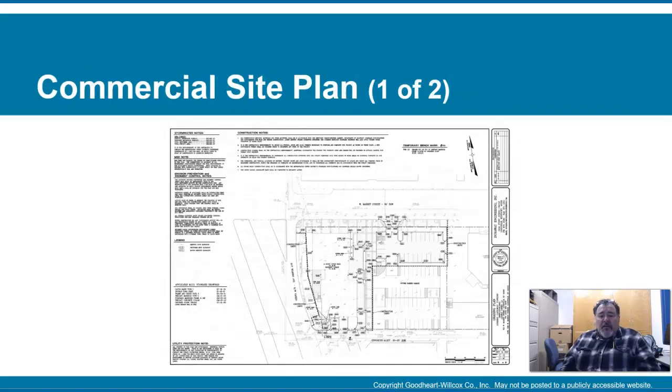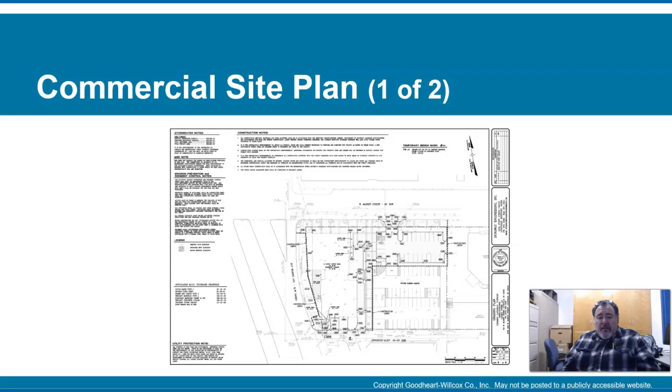This is an example of a commercial site plan. As you can see, it shows you the outline of the building. It shows you the area established for parking. It'll show you where handicap parking might go, or accessibility sidewalks and pathways.